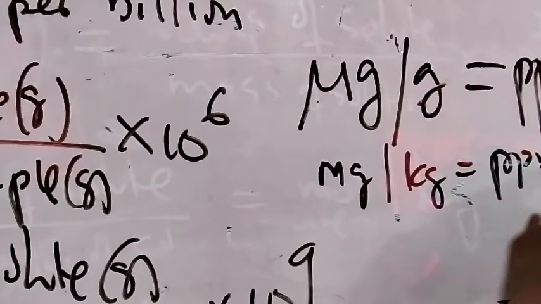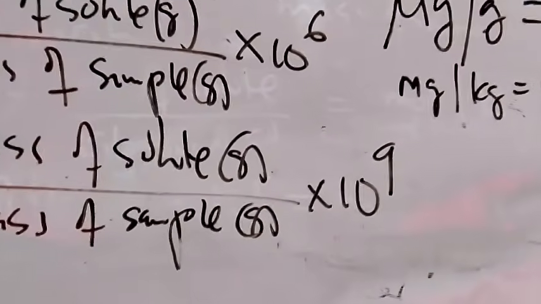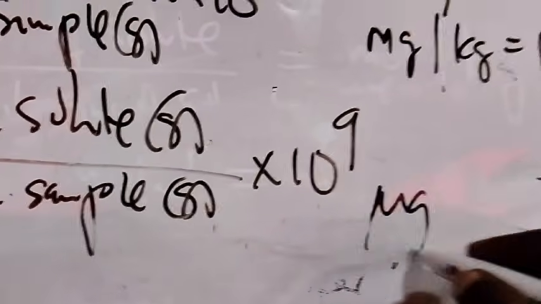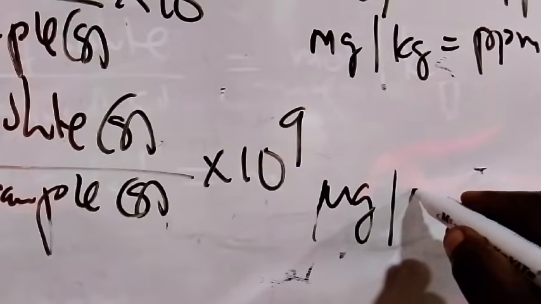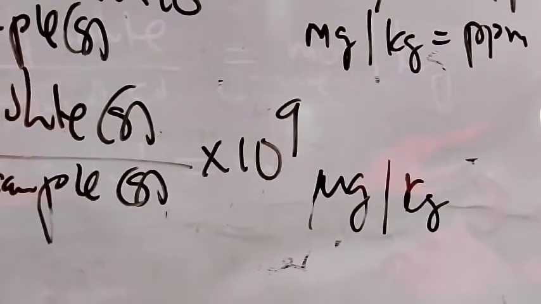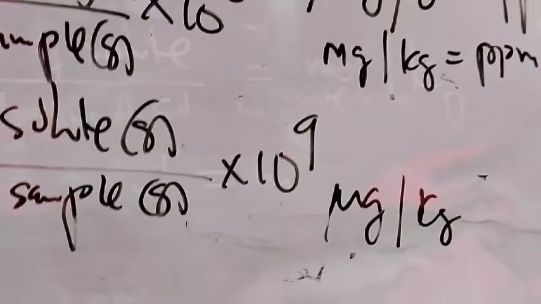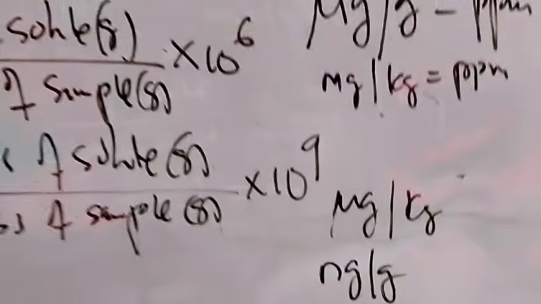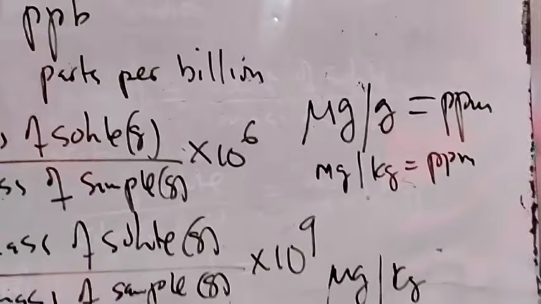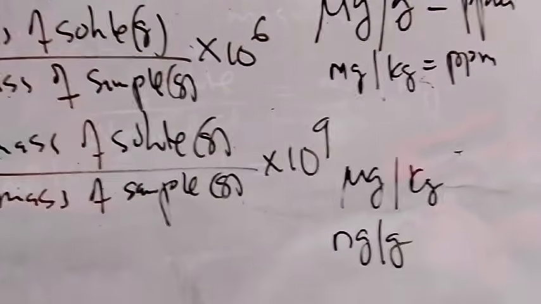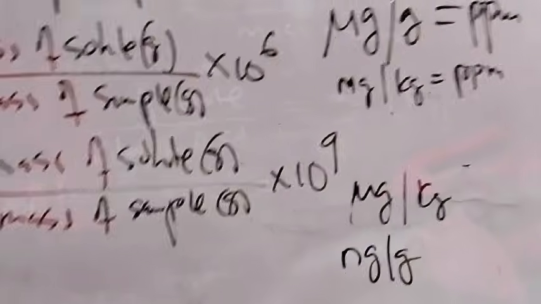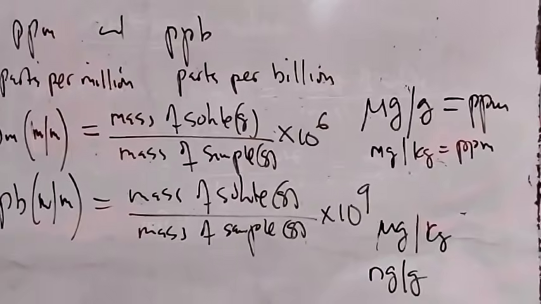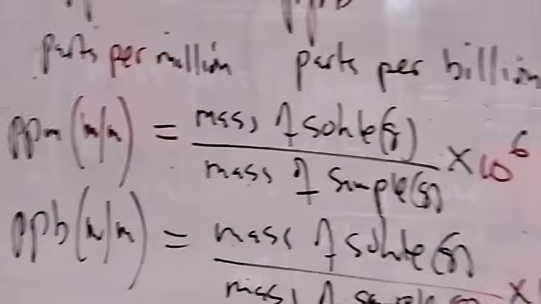Then ppb is equal to microgram per kg or nanogram per gram. These are other ways to calculate ppm and ppb apart from using the formula.